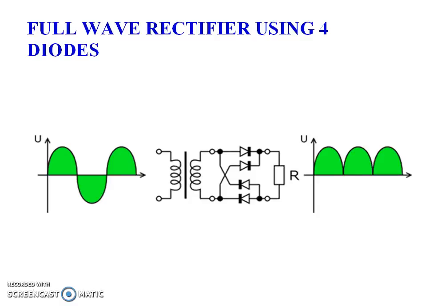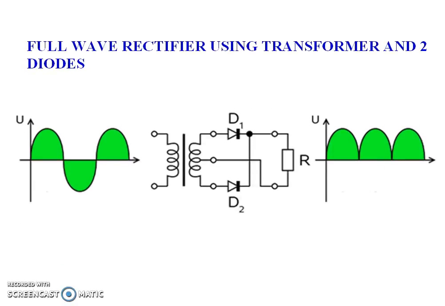Now this is the circuit diagram of a full wave rectifier using 4 diodes. We can see the input waveform, and we can see the output waveform, whereby we have all the positive cycles. So this is a non-center tap transformer used over here with 4 diodes.